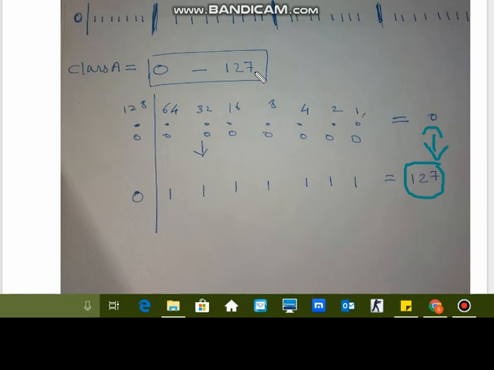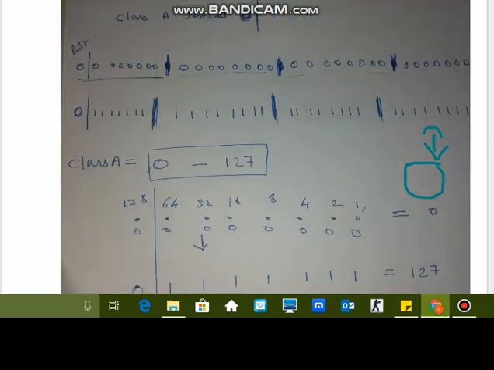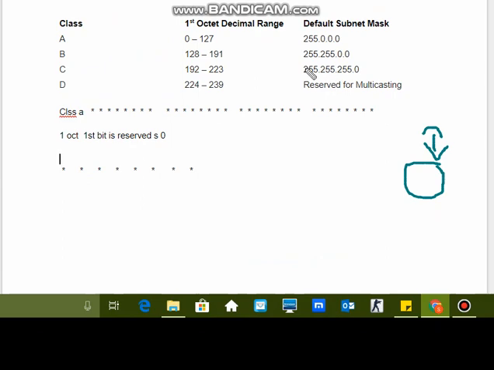But in theory, we got 1 to 126, right? If you have googled, you could have got 1 to 126.